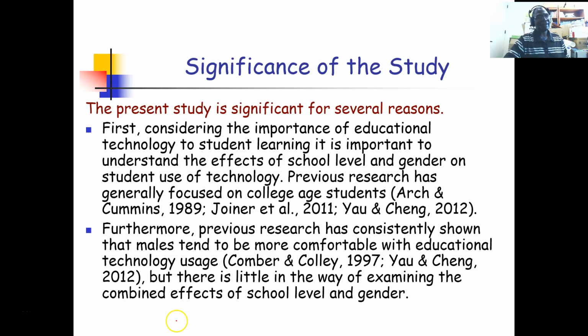The present study is significant in a number of ways. One of them is that the importance of educational technology to student learning is important in understanding the effects of school level and gender on student use of technology. The previous research has generally focused on college-age students. But this particular study is going to look at K through 12 students, focusing on the 8th and the 12th grade students.